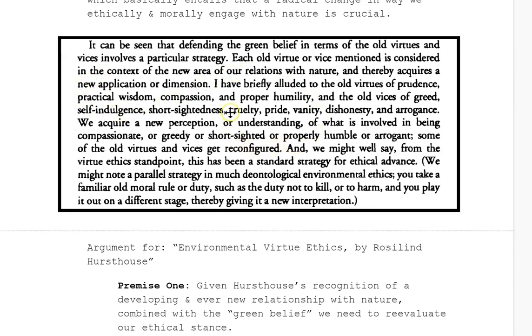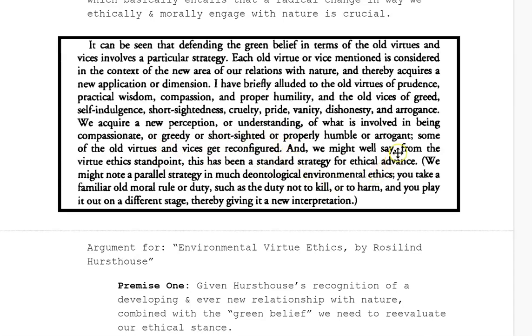I have briefly alluded to the old virtues of prudence, practical wisdom, compassion, and proper humility, and the old vices of greed, self-indulgence, short-sightedness, cruelty, pride, vanity, dishonesty, and arrogance. We acquire a new perception or understanding of what is involved in being compassionate or greedy or short-sighted or properly humble or arrogant. Some of the old virtues and vices get reconfigured.